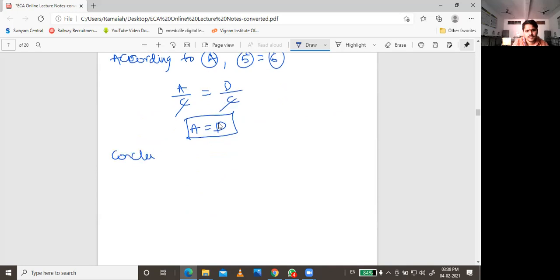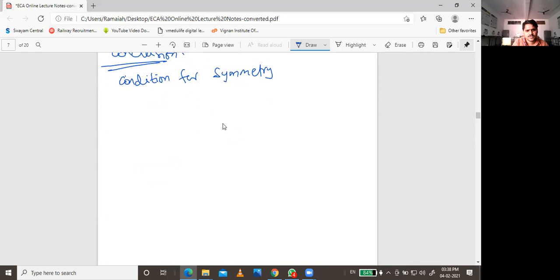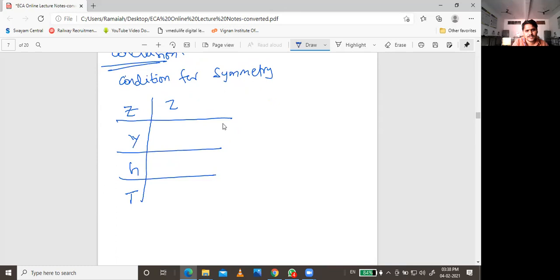The summary of today's lecture is the condition for symmetry for Z parameters, Y parameters, H parameters and T parameters or ABCD parameters. First, for Z parameters, Z11 equal to Z22. We derived this.